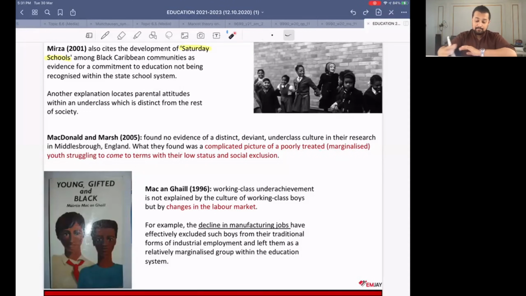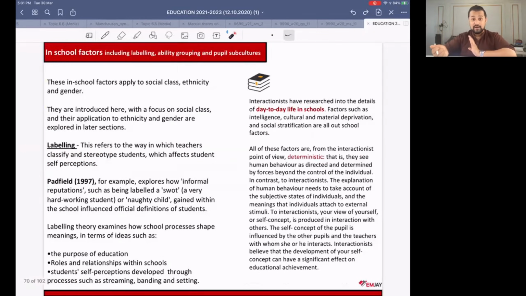And up till now, we've been speaking about different factors, majorly beyond school, because of which your educational attainment is affected. From the next slide onwards, we have to discuss in school factors and how these in school factors majorly revolve around social class only. This you'd see when we do it.